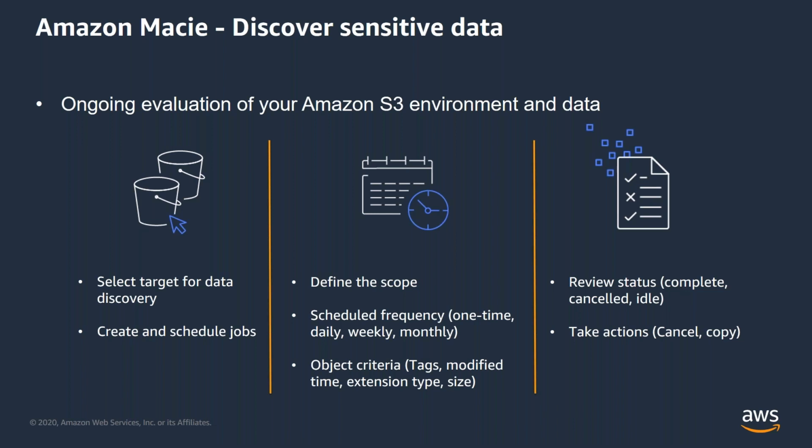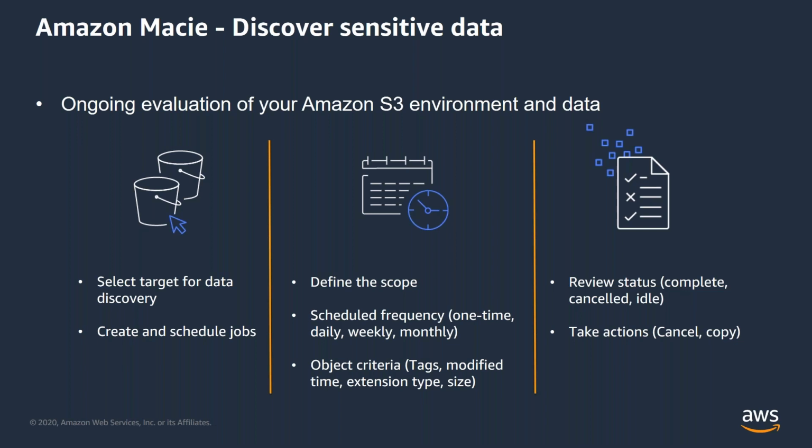Customers also have the ability to take object criteria and then include or exclude them as part of the job definition. This gives customers full flexibility to define how much and where exactly they would like Macie to inspect the data for sensitive data discovery.